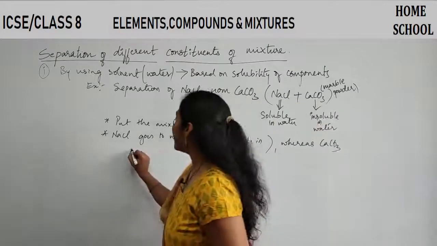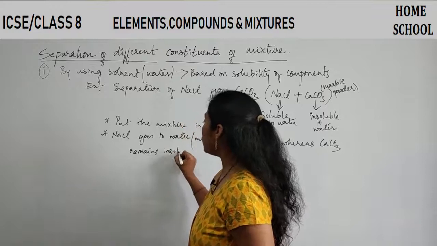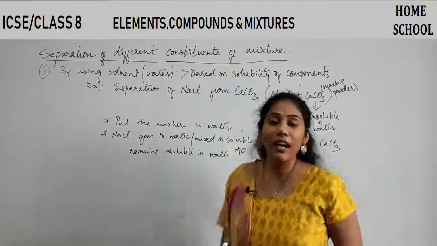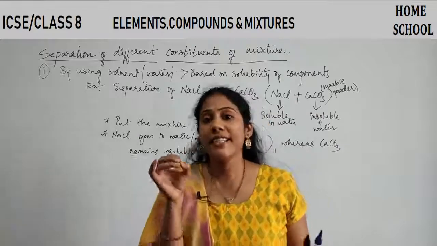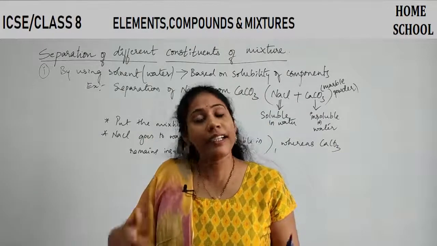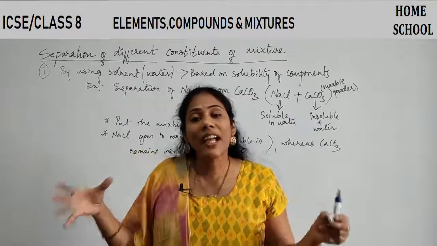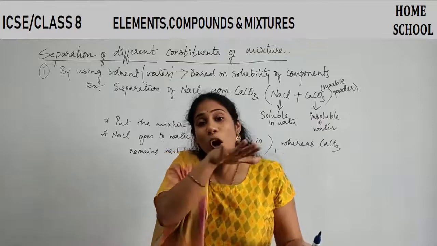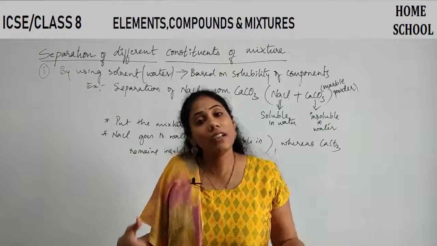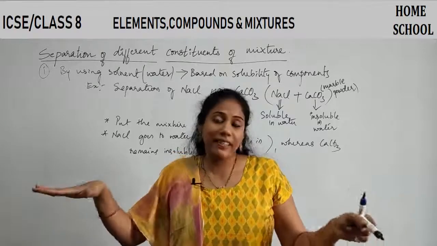Calcium carbonate remains insoluble in water. Clear? So whatever NaCl is there in the mixture, everything goes into water. It gets nicely soluble in water, but the entire amount of calcium carbonate will stay on the surface of water because it will not go into the water. It cannot solubilize in water, isn't it?